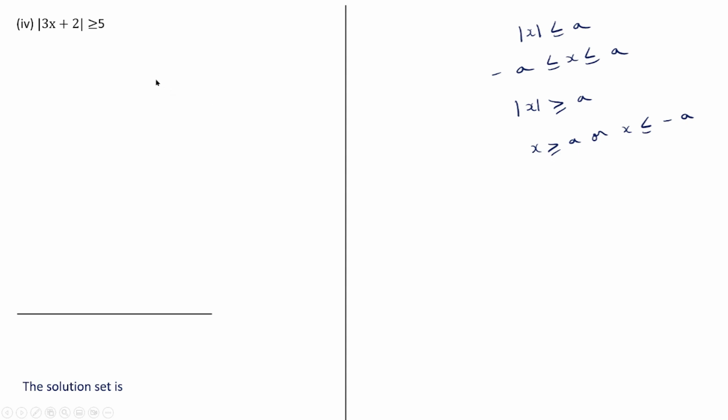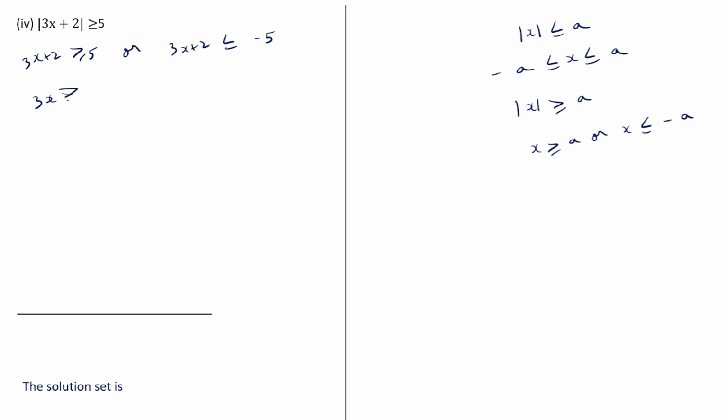Here, in place of x we have 3x plus 2 and in place of a we have 5. So when we have mod of 3x plus 2 greater than or equal to 5, then we have 3x plus 2 greater than or equal to 5 or 3x plus 2 less than or equal to minus 5. So from this we can solve for x.